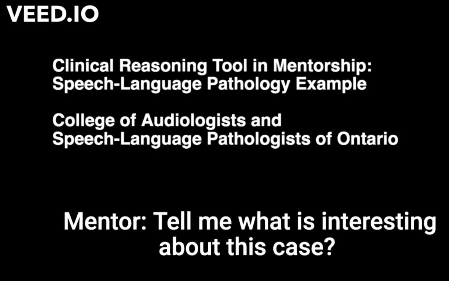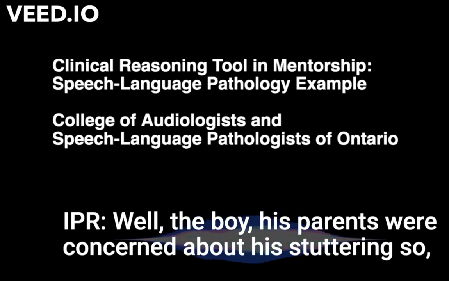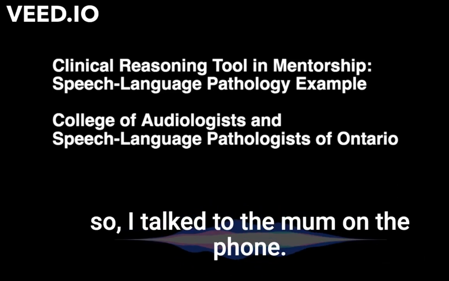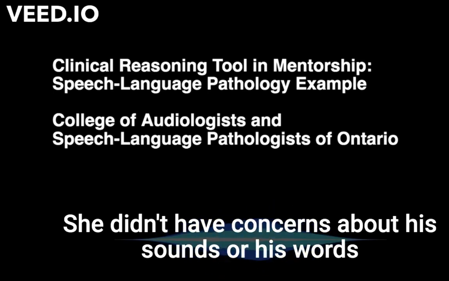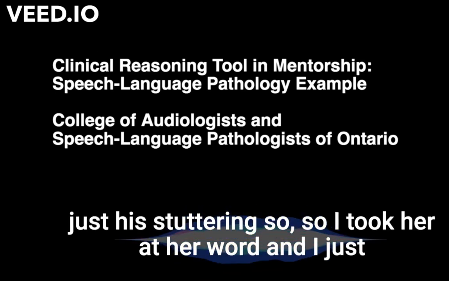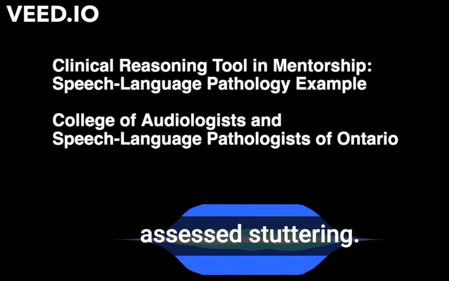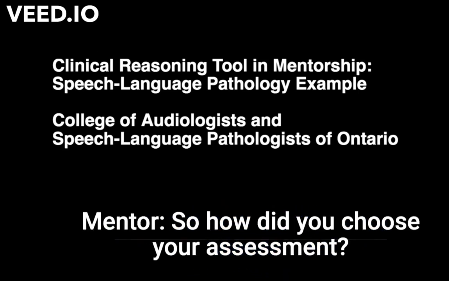Tell me what is interesting about this case. Well, the boy, his parents were concerned about his stuttering, so I talked to the mum on the phone. She didn't have concerns about his sounds or his words, just his stuttering. So I took her at her word, and I just assessed stuttering. Okay. So how did you choose your assessment?